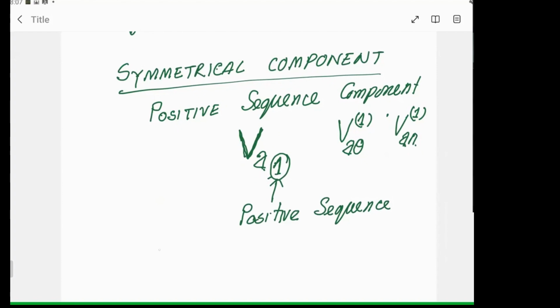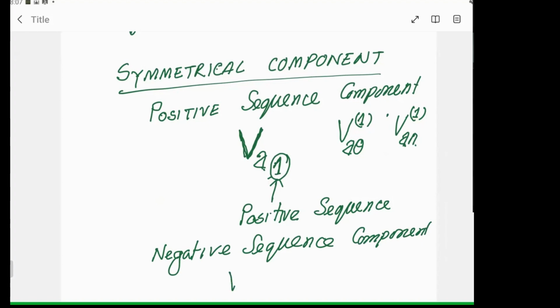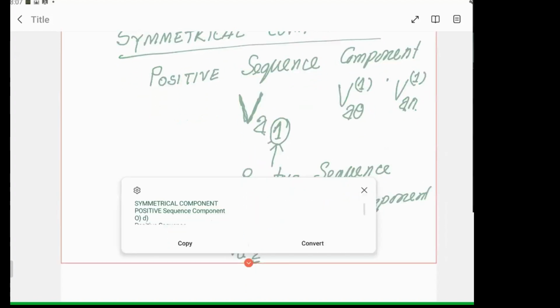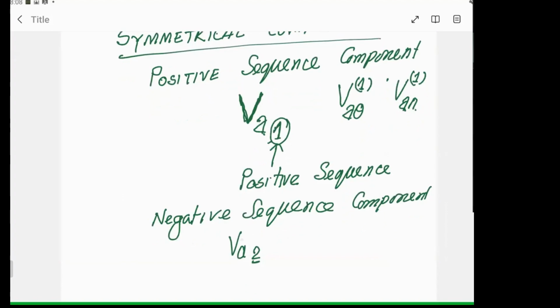Then if it is a negative sequence component, it will be VA2. So whenever we find A2, that indicates it belongs to the negative sequence component.